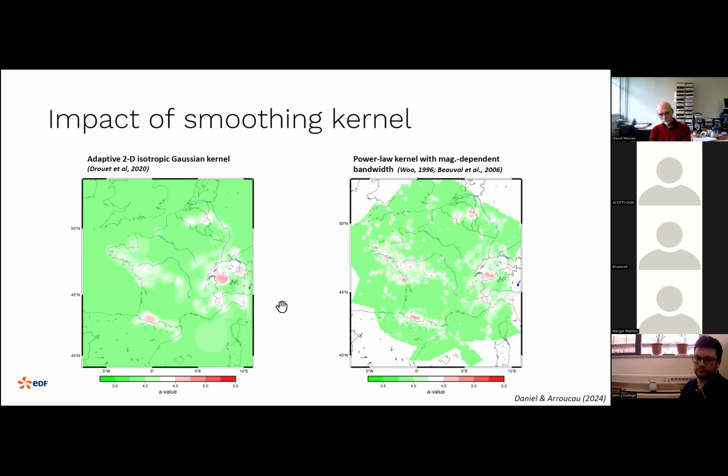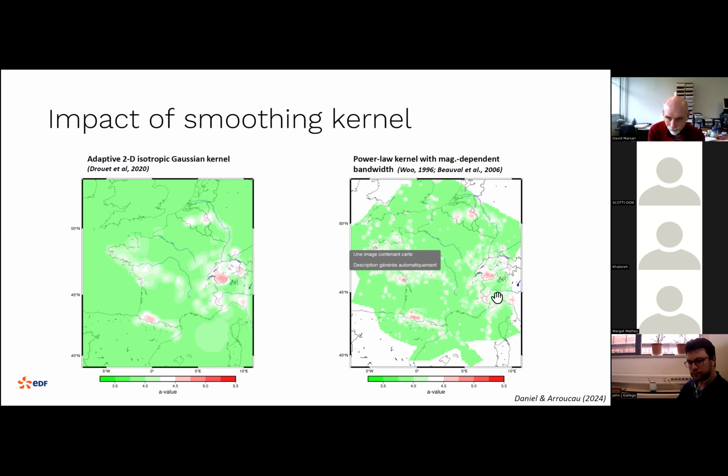For illustration purposes, I'm just presenting a use case where we smoothed the seismic activity in France using two different kernels. On the left-hand side, we are using an adaptive 2D Gaussian kernel. And on the right-hand side, you have a power law kernel with a magnitude-dependent bandwidth.